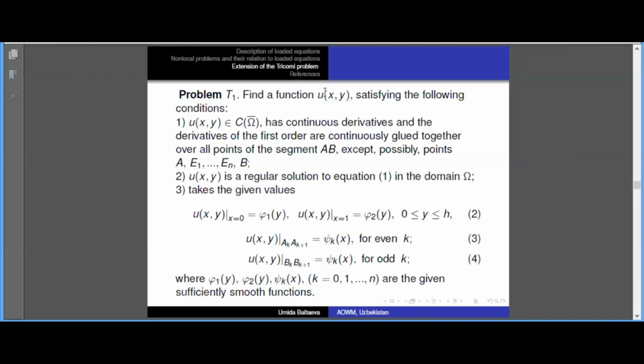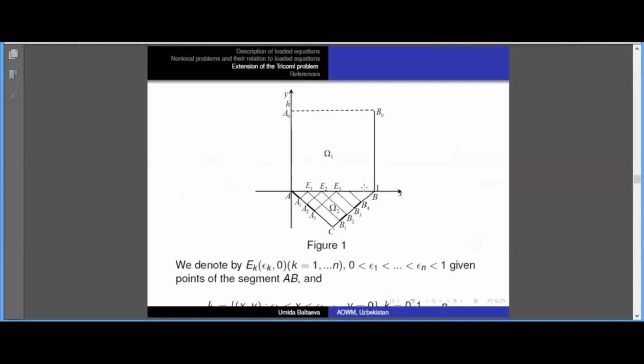Problem T1: find the function u(x,y) satisfying the following conditions. u(x,y) is continuous in the closed domain and has continuous derivatives, and the first order derivatives are continuously glued at all points of the segment AB. AB is on this line.